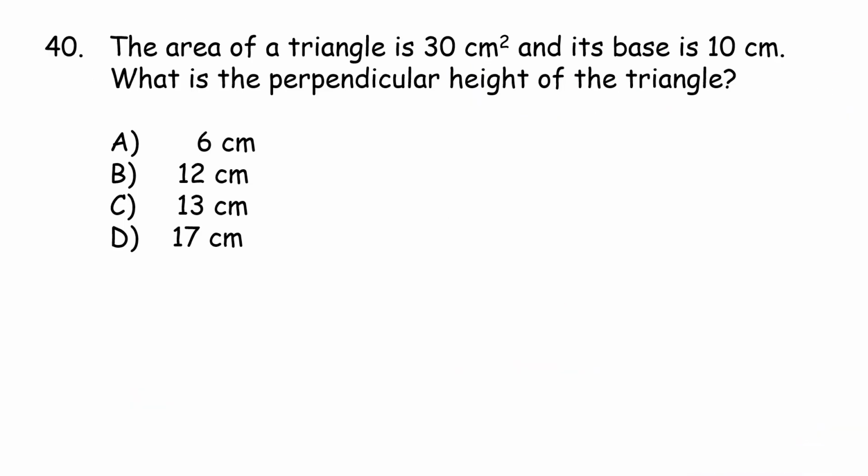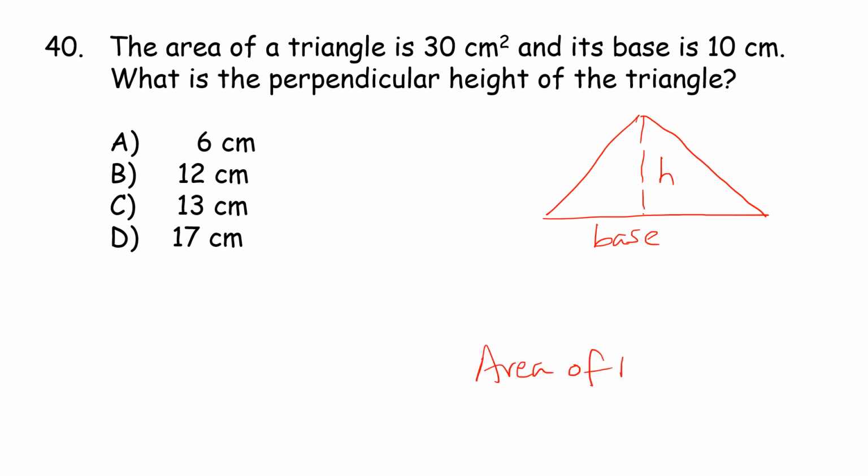Question 40. The area of a triangle is 30 centimeters square and its base is 10 centimeters. What is the perpendicular height of the triangle? Now let's get a visual of this. So here we have our triangle. We have a perpendicular height, which is this, and the base, right? The area of the triangle is half base times height.